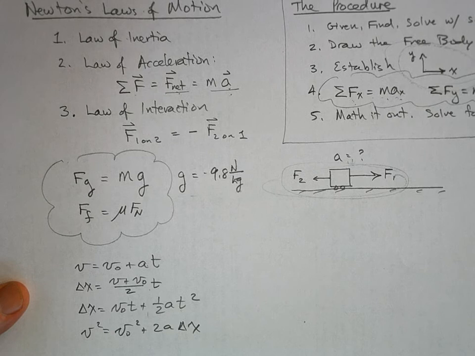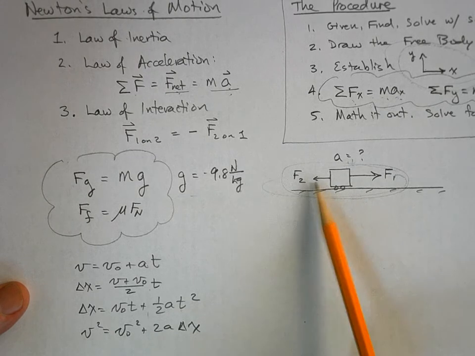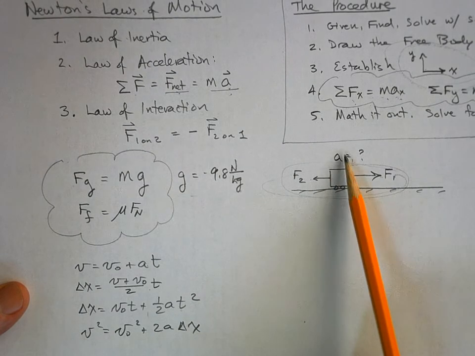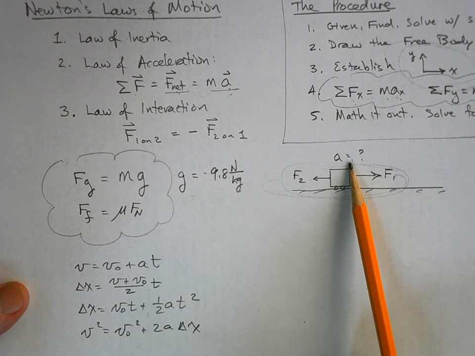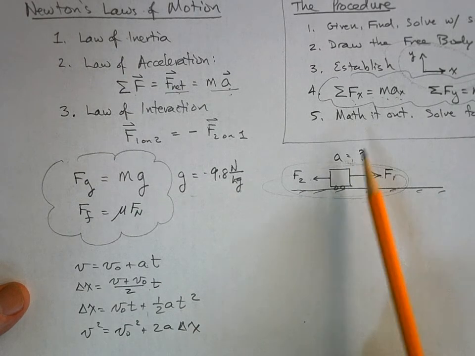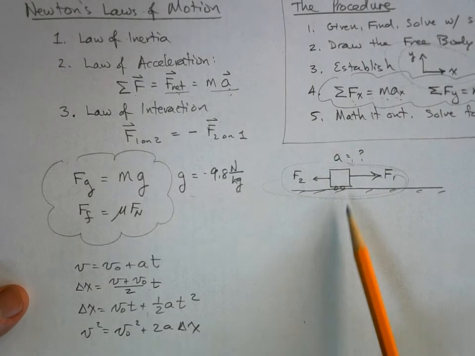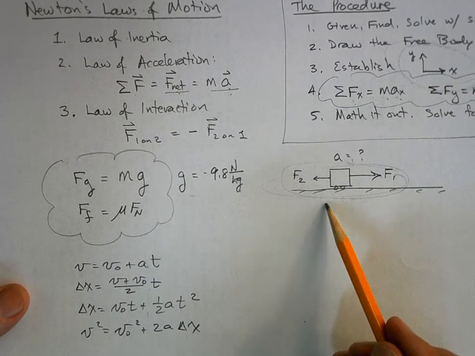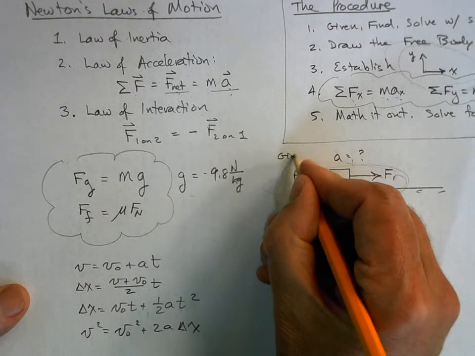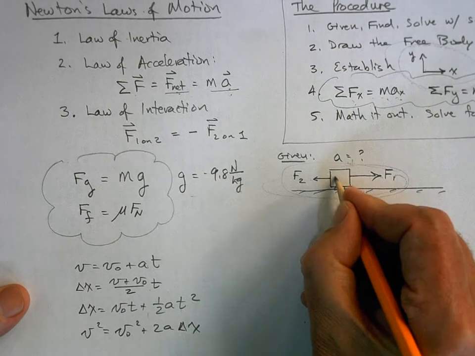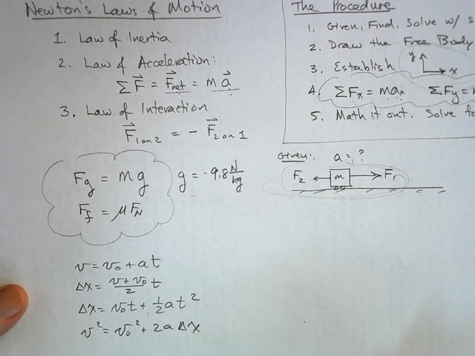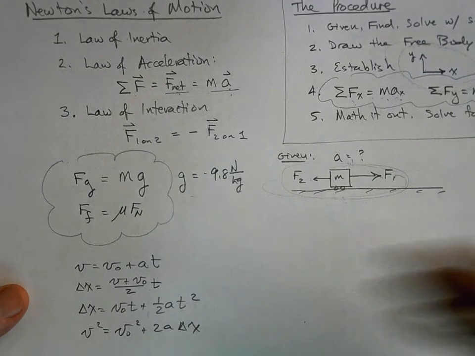So, for example, what if I gave you a problem? I've got a couple of forces. And what if I gave you the information to figure out the acceleration? Well, you know what ma is. So if I were to apply the procedure to a problem like this, well, this is given. And maybe I'll give you the mass, the initial velocity, the final velocity, whatever.